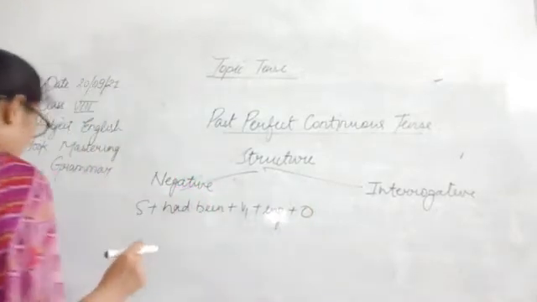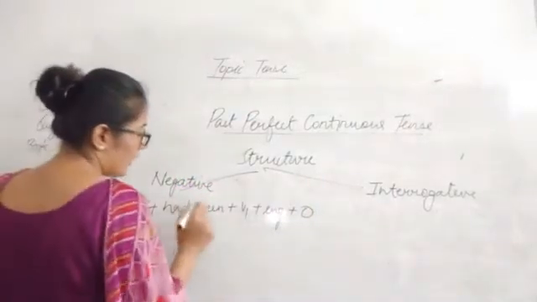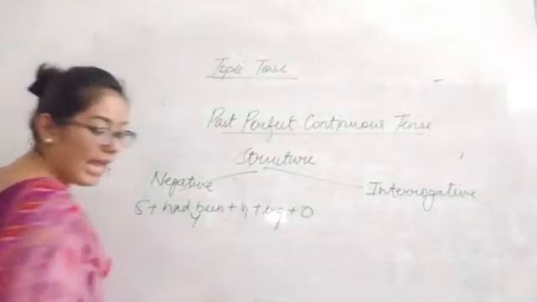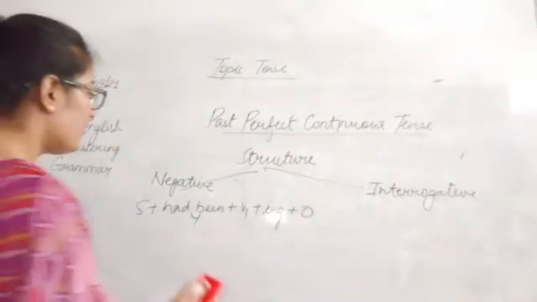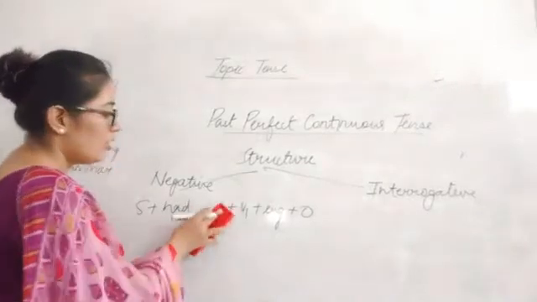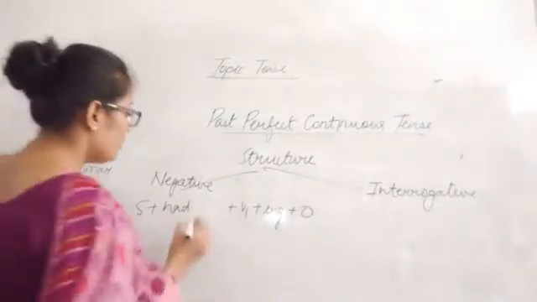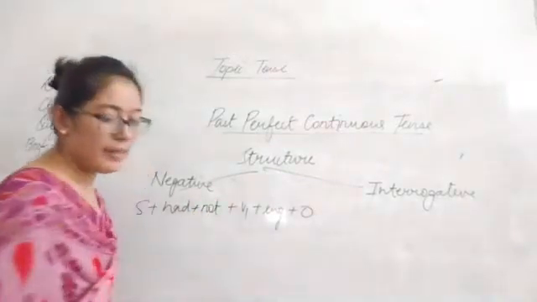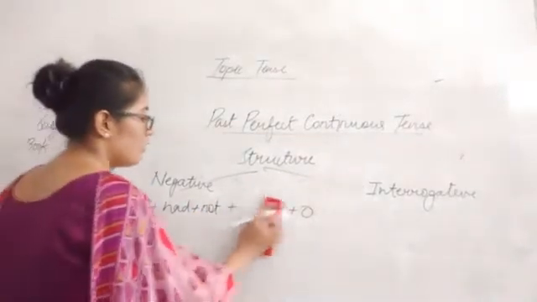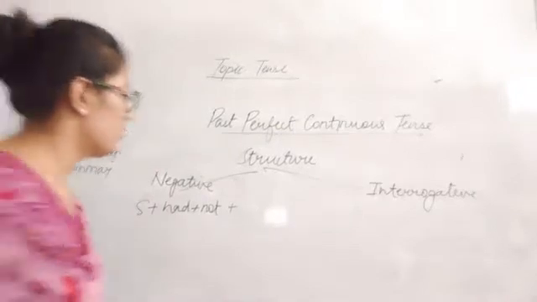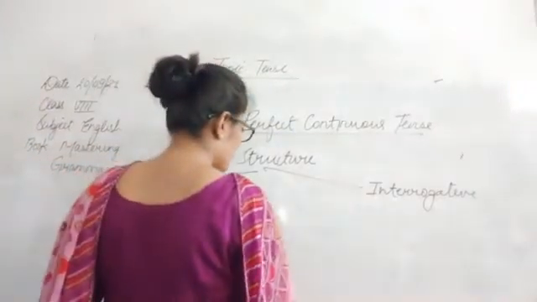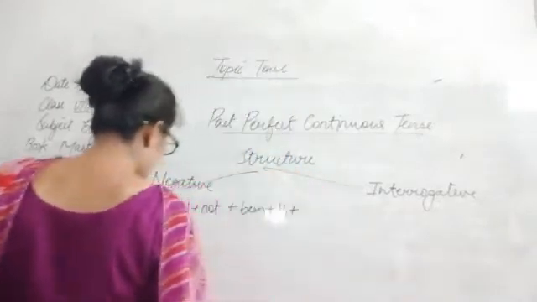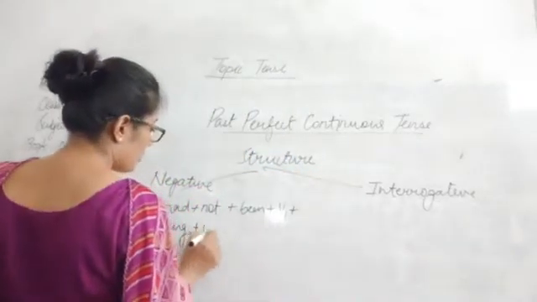But when we are talking about negative, it would be what? Had not been. Okay, there would be subject plus had plus not plus been plus verb first form plus ing plus object.